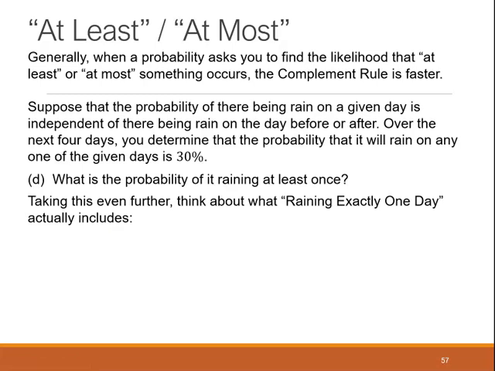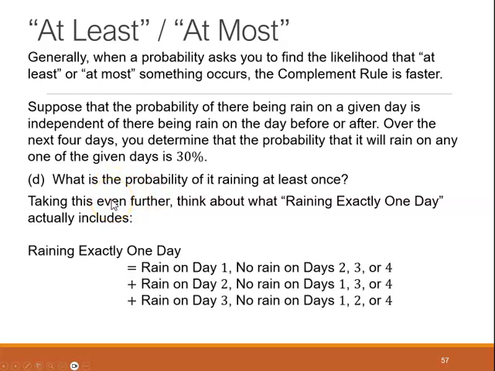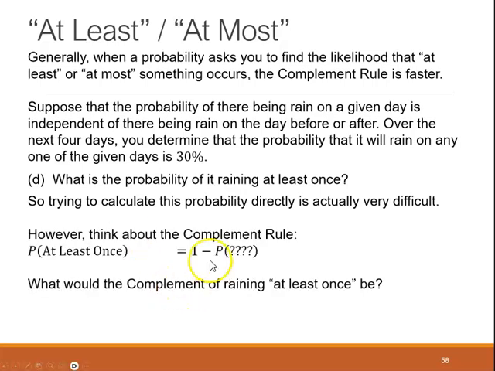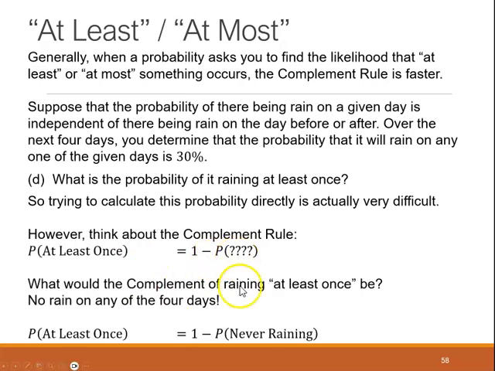Right, that's what we're getting here. So the complement of it raining at least once would be it raining less than 1 time, strict less than, because this is greater than or equal to 1. So the complement is strict less than. But this is a discrete thing, so then less than 1 is just 0 for us, right?